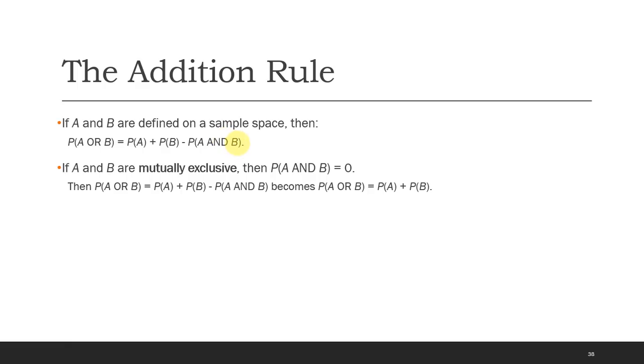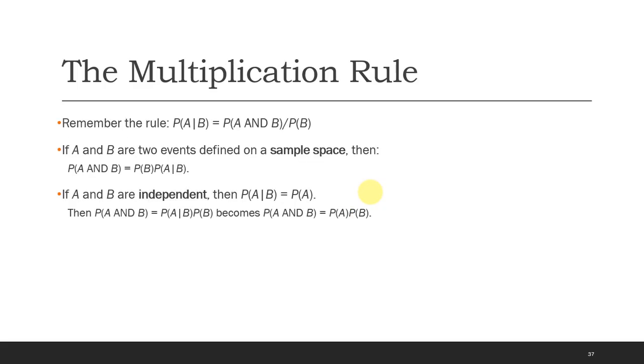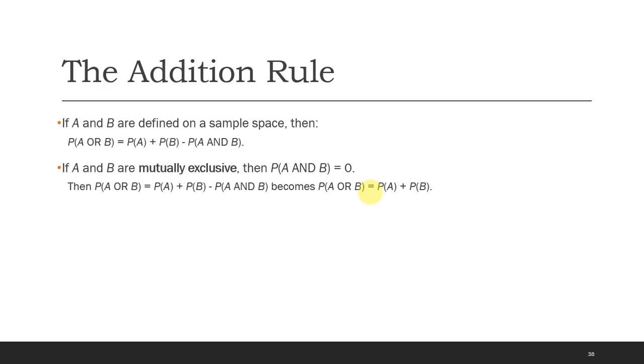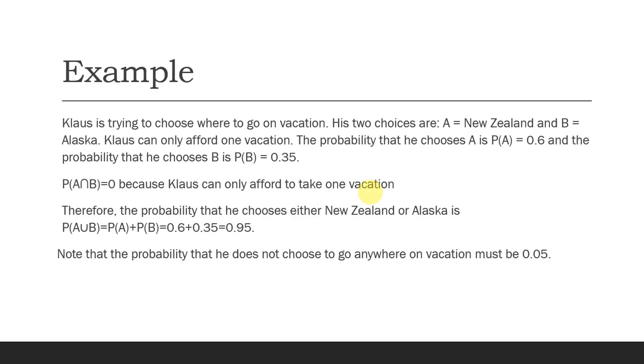But if you know that these are mutually exclusive events, then the intersection is 0, so that part of the formula just becomes 0. So the probability of A or B is just the probability of A plus the probability of B. The multiplication rule is for independent events. The addition rule is for mutually exclusive events.